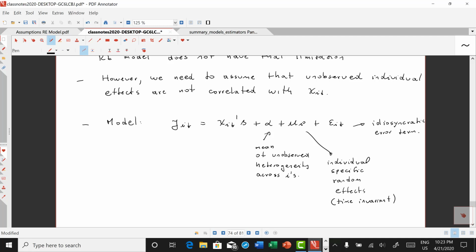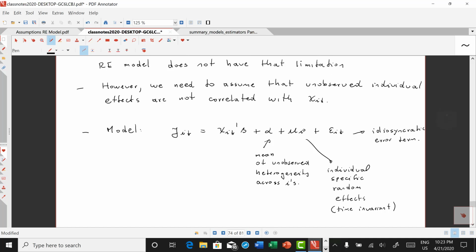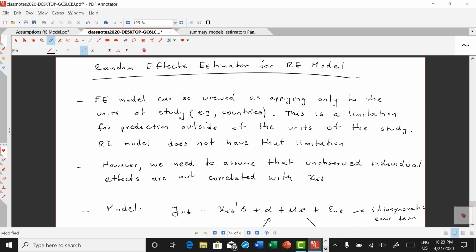They are for each individual, but they don't change through time. On the other hand, the idiosyncratic error terms change for each individual and across time periods. So that's in general the description and how it compares to the fixed effects model.